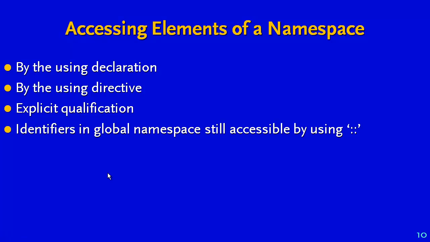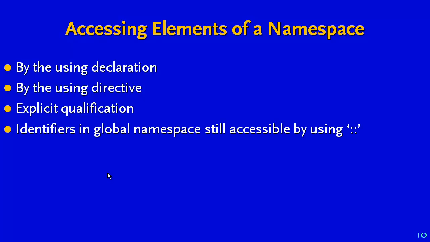Now, okay, so we now know how to define a namespace in one or multiple files using header files or CPP files, whatever. Now I want to use the functionality in the namespace in my program. So how do you do it? There are three options. The first one is called the using declaration.